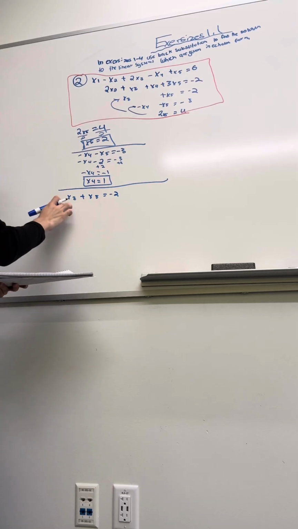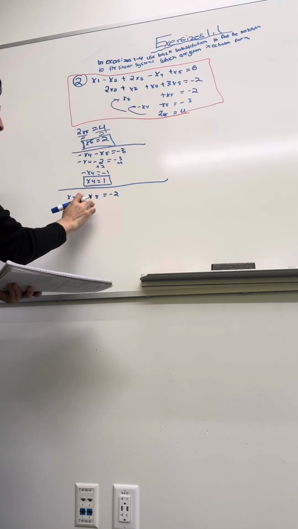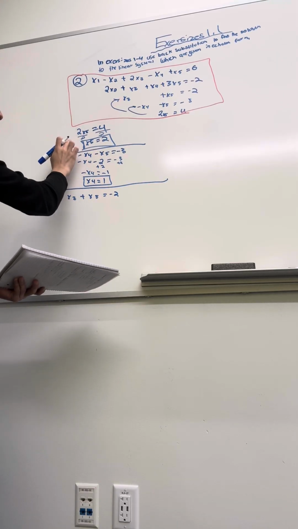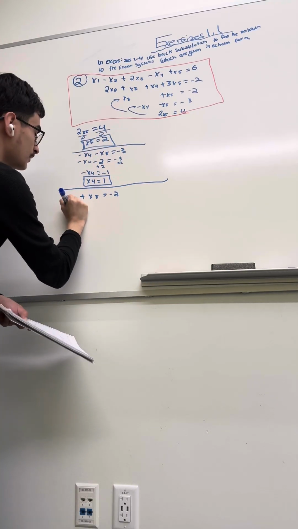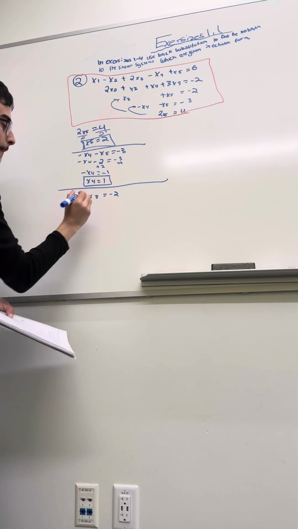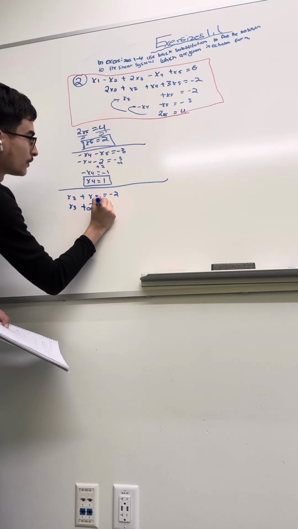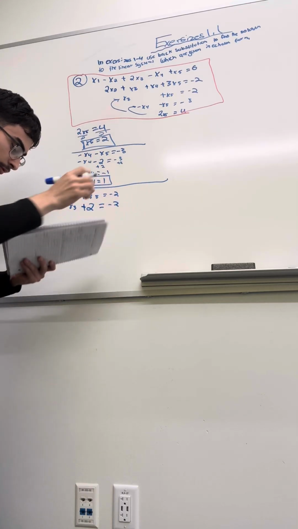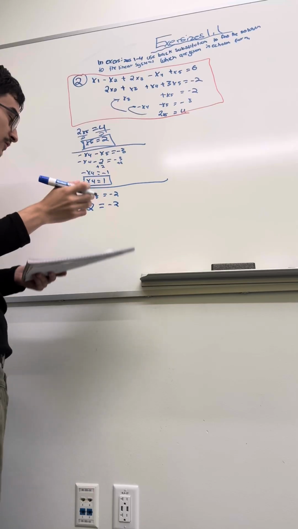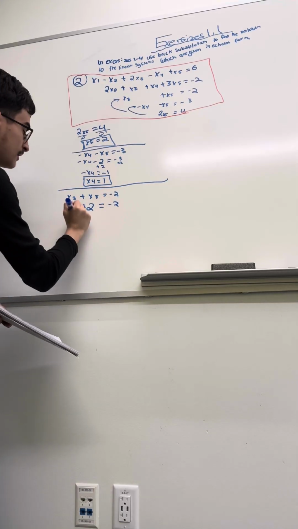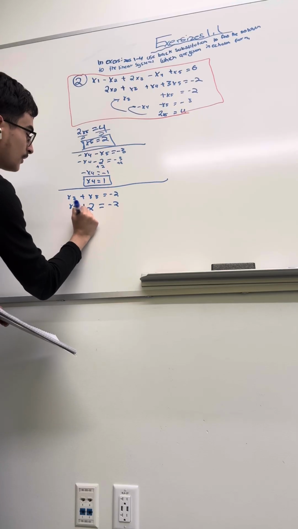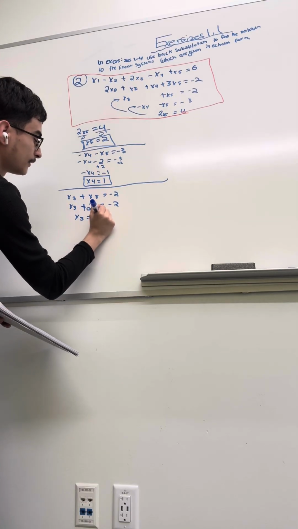We don't know what x3 is, but we already found what x5 is from the first one that we solved. So we're just going to plug in 2 for x5. So x3 plus 2 equals negative 2. We're just going to solve for x3, so subtract 2 on both sides, and we get x3 equals negative 4.